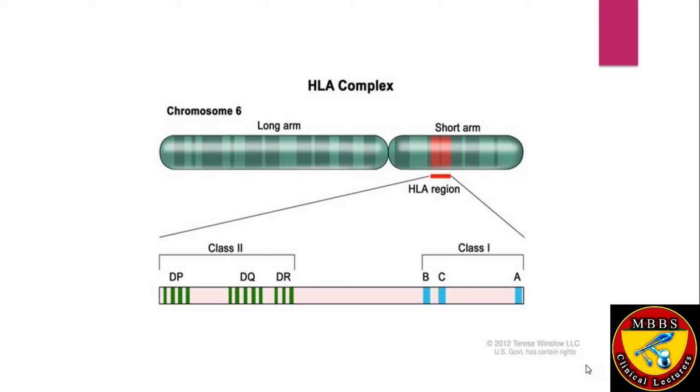As I have told you, the HLA region has different loci like HLA-A, HLA-B and HLA-C. They are primarily dealing with the class 1 proteins. And there are certain regions given names by the scientists, like DP, DQ and DR, and they are encoding the class 2 proteins. And in between class 1 and class 2 we have the loci for the class 3 proteins.